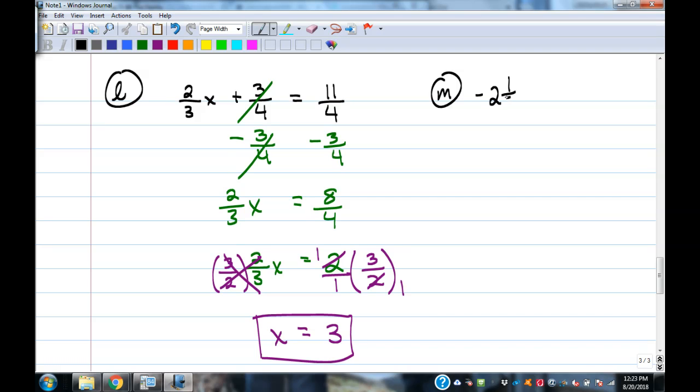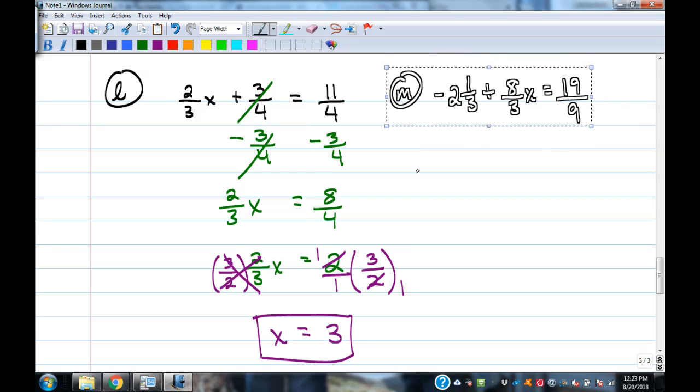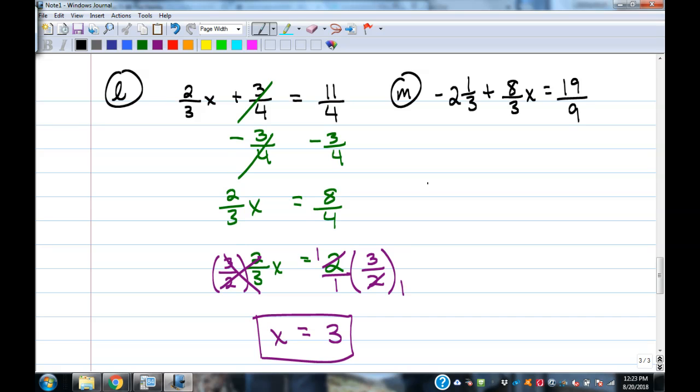Negative 2 1/3 plus 8/3 x equals 19/9. Give myself a little more room here. So we're taking that problem, trying to solve for x.